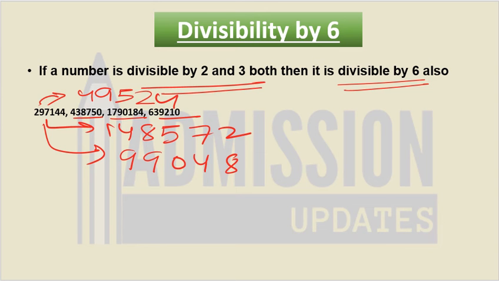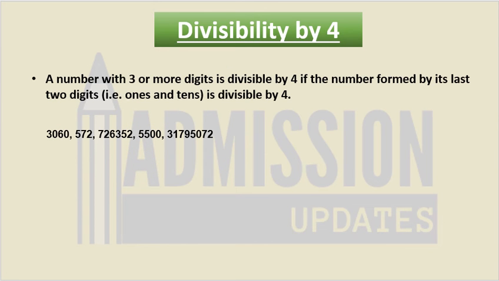Now let us move to the next example. The next divisibility rule is of 4. A number with 3 or more digits is divisible by 4 if the number formed by its last two digits, that is ones and tens, is divisible by 4.